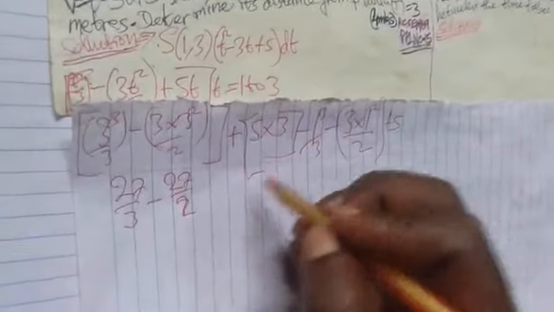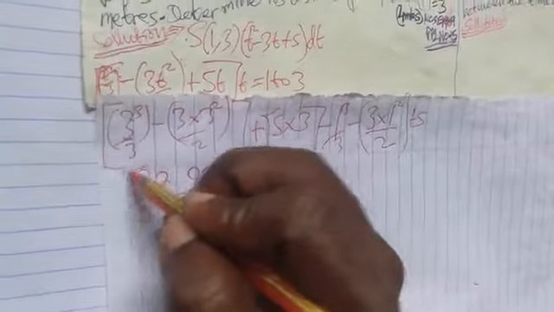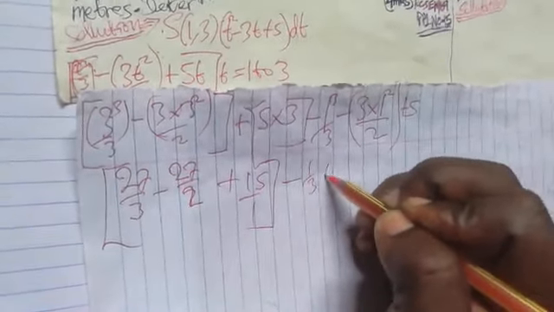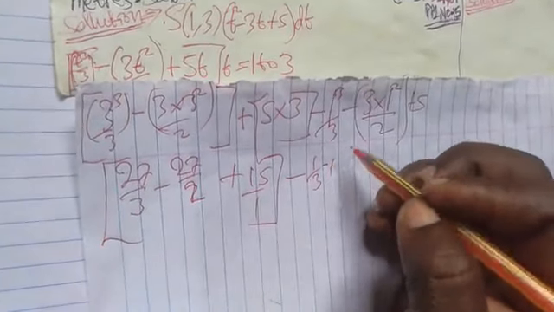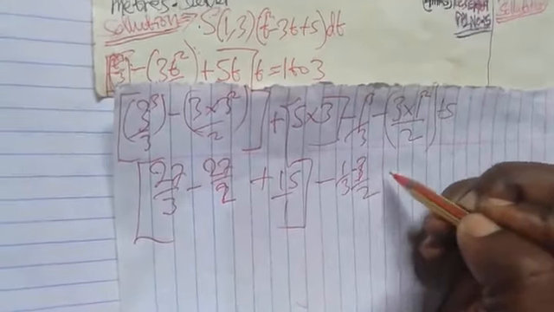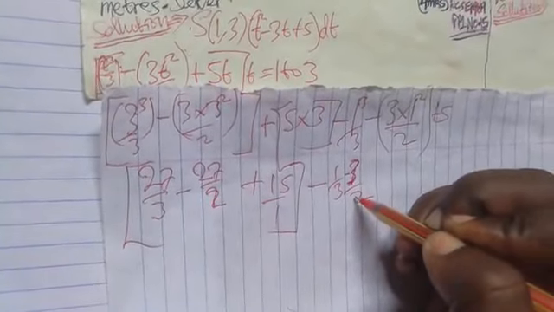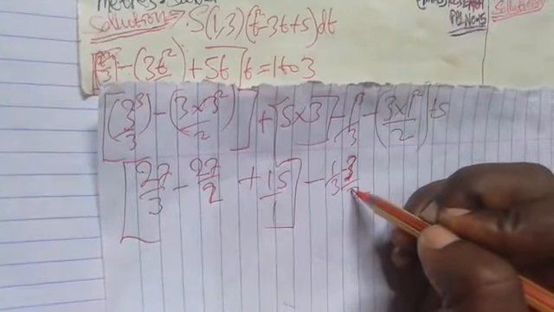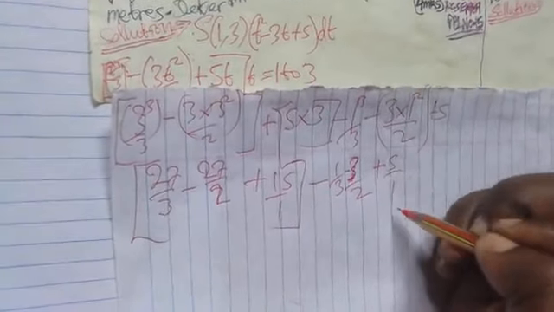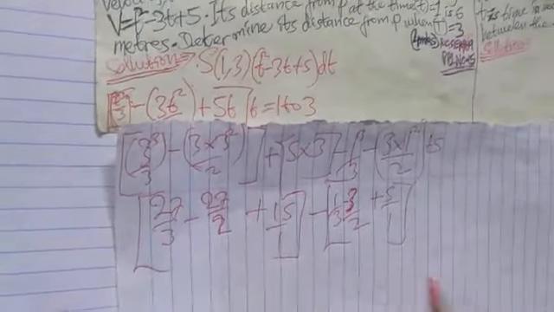and this is plus 15 over 1, all under brackets, minus 1 over 3 minus 3 over 2, plus 5 over 1, all under brackets.